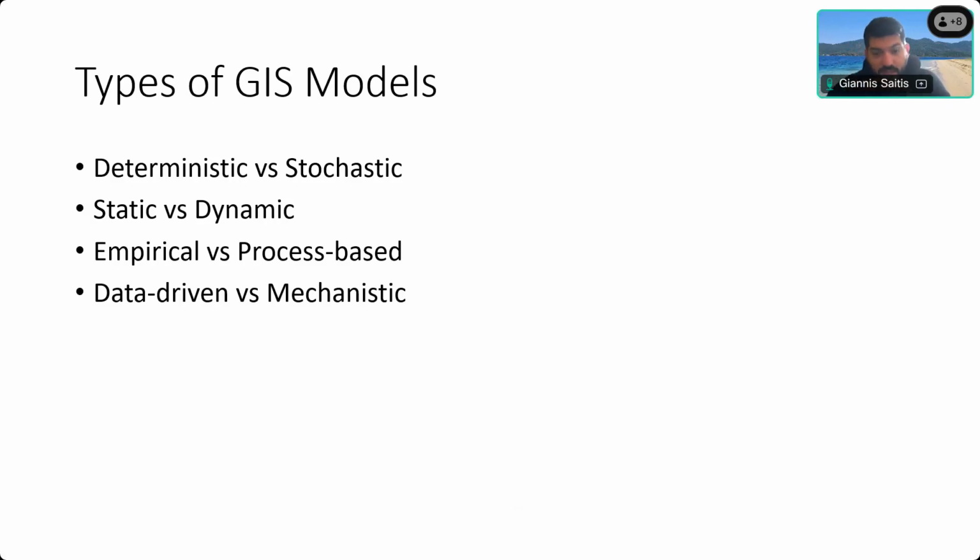The opposite is the stochastic model. Here we have models that are working with data, each time running algorithms that are a little bit on the verge of the probabilistic and the randomness. The output in these cases is always different, even if you provide the same input.